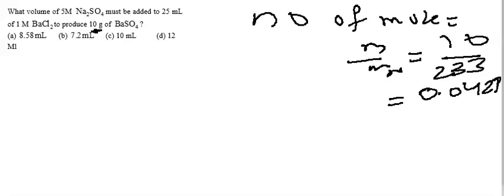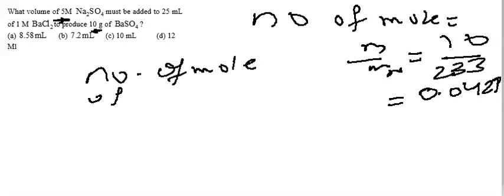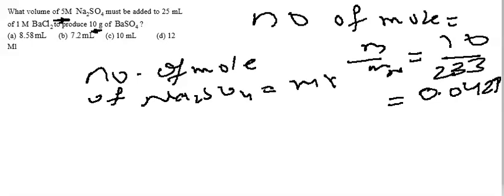And then we have to find out the 5 molar. Then, molarity: we have to find out the number of moles of Na2SO4, which is molarity into volume by 1000. This is the standard formula.